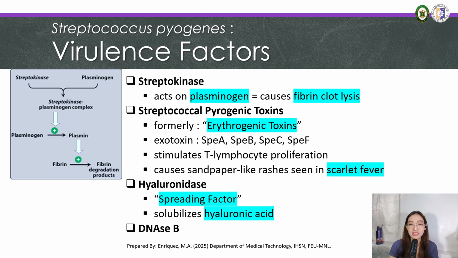Last one is DNase B. So DNase, this functions the same way as the DNase that is produced by Staphylococcus species. So again, it could break down the structure of DNA, leading to the lower viscosity of tissue fluids, and that would subsequently lead to further spread of the infection.